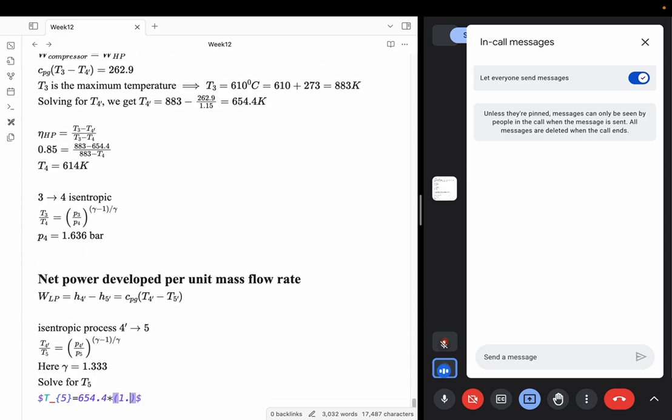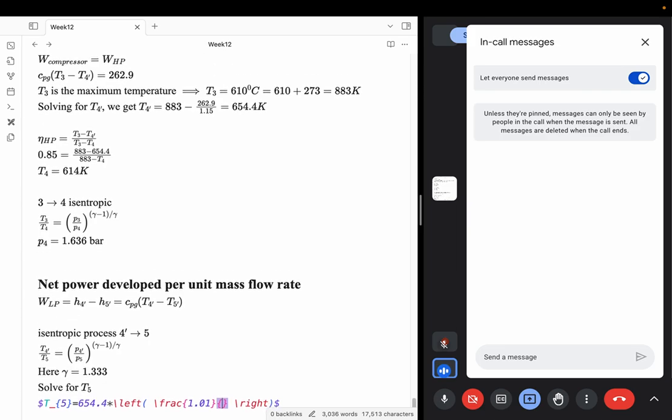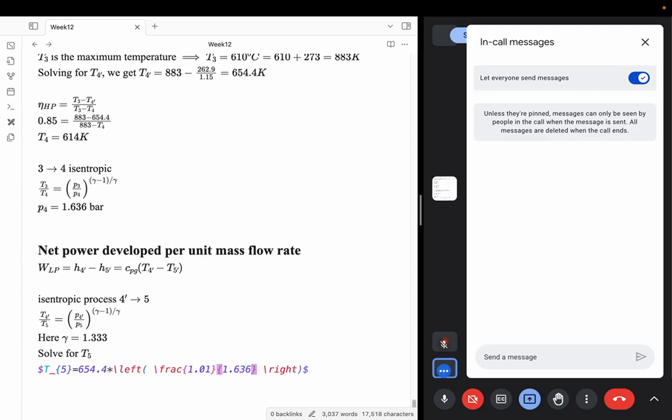P5 we already know as 1.01, divided by P4 prime, which we have calculated as 1.636, whole power 0.33 by 1.33. And if you solve this, we get T5 as 580.6. Fine. Now we have T5.